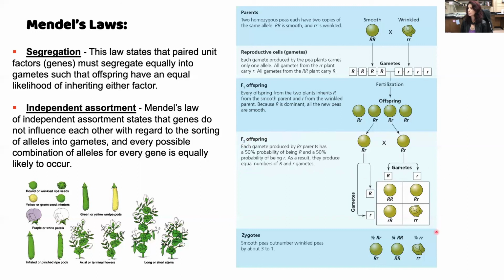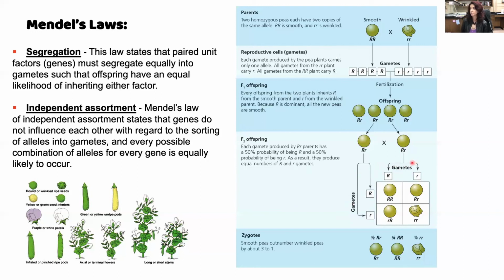This is how we set up the Punnett square. Over here, we take parent 1 and stick it on the left axis. We see that we have both big R and little r. So we put the big R here, the little r here. And then on the top axis, we put the second parent. We take the big R and put it here, the little r and put it here. So those are all of the possible gametes that can be produced.